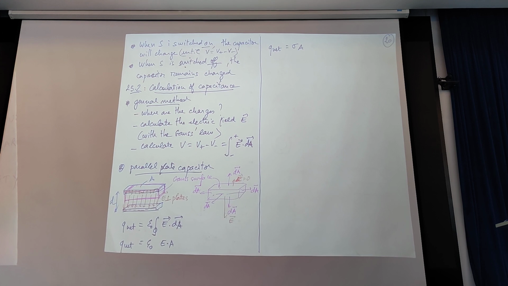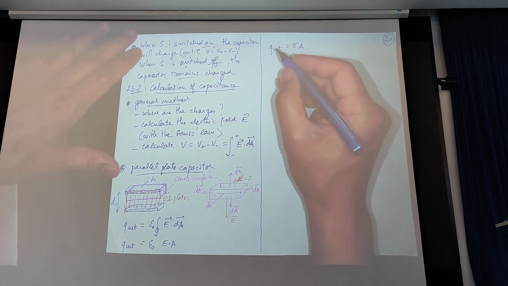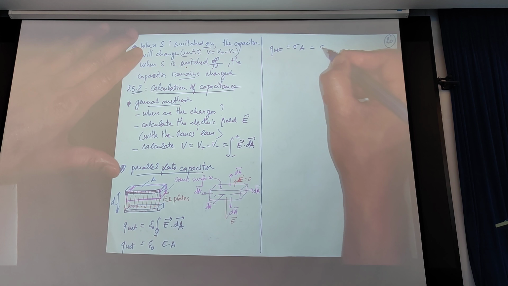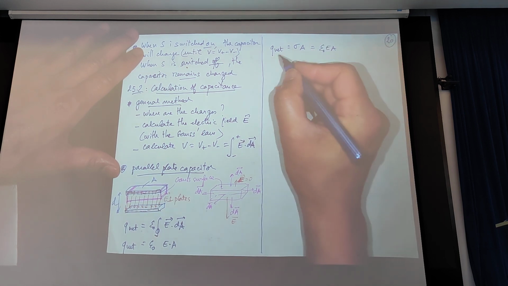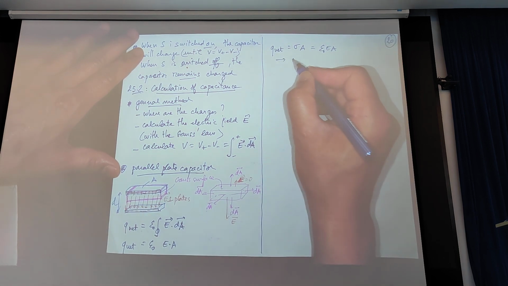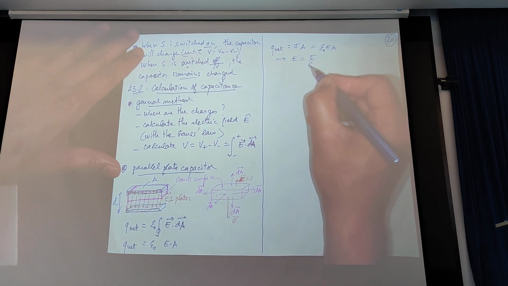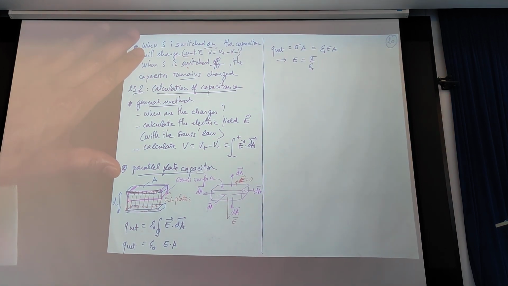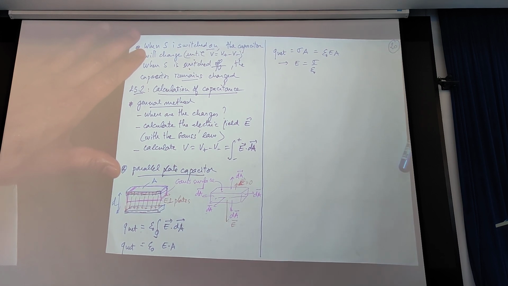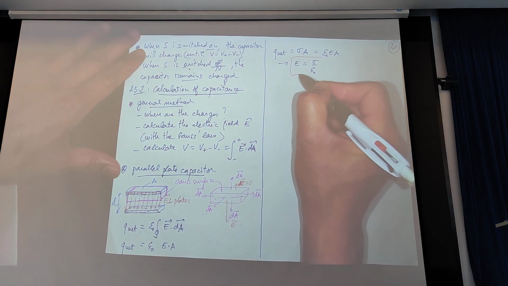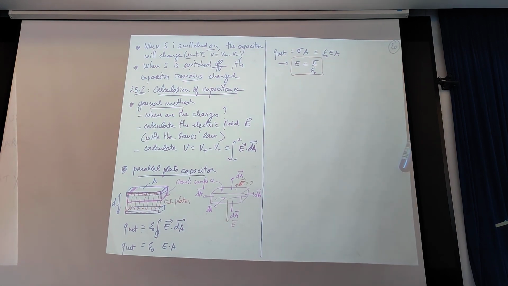Do you agree with that? So at the end, you can see that E is simply equal to sigma over epsilon 0. So the electric field between two parallel plates is simply sigma, the charge density of the plates, divided by the permittivity constant epsilon 0. Is that clear?